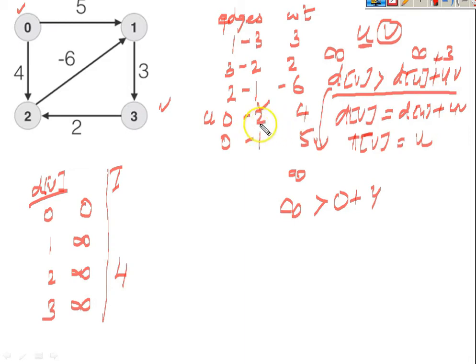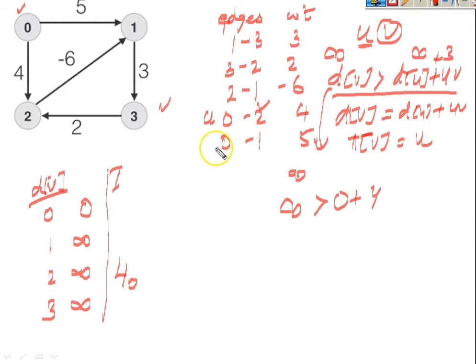And how are you getting this 4 value? Because when you go from 0 to 2 you get this 4. So I am also writing its parent, predecessor, down here. That means the new d value of 2 is 4, and I got this d value because of 0, means from 0 I am getting this d value.